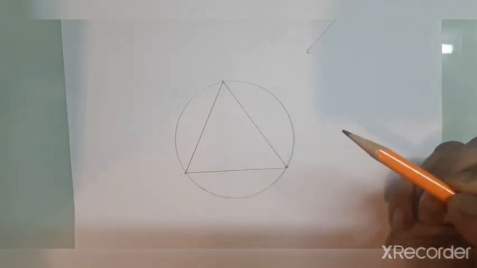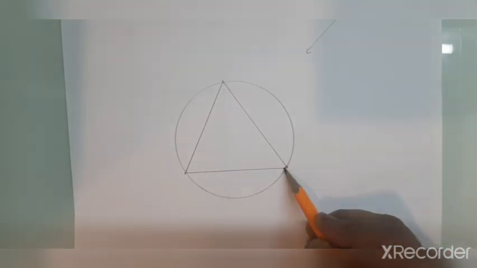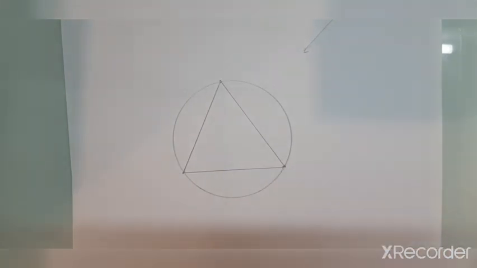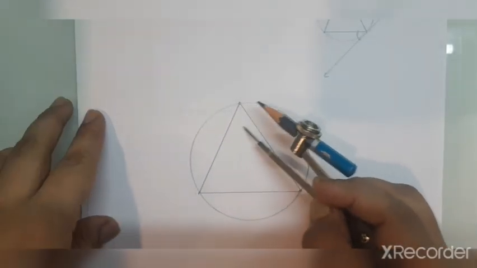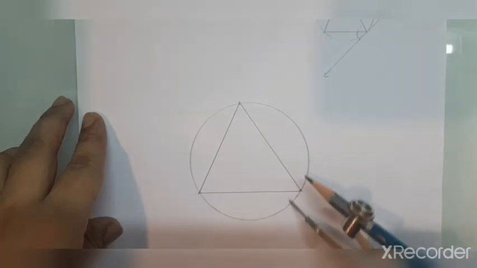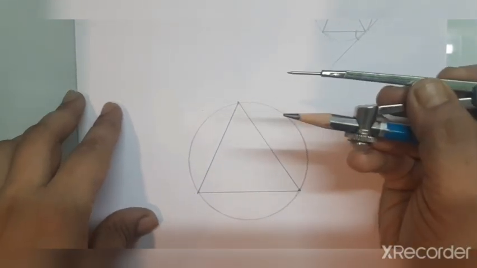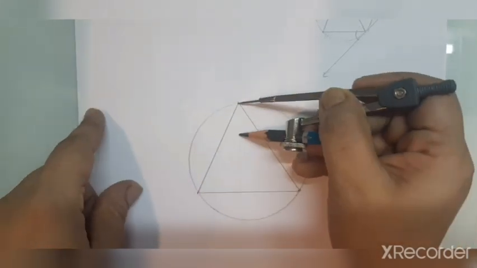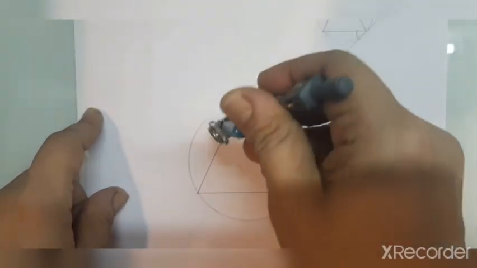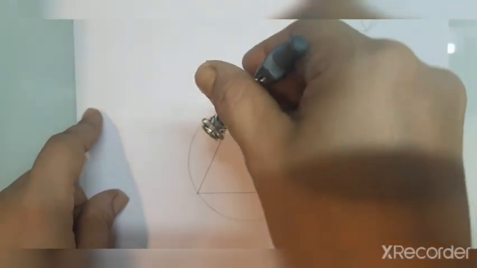Is it clear? So we will proceed. We have to use the steps what we use to draw congruent angles. So I have to draw a congruent angle to this over here at this vertex. Okay, so any distance, I keep the pointer here and I just make an arc.